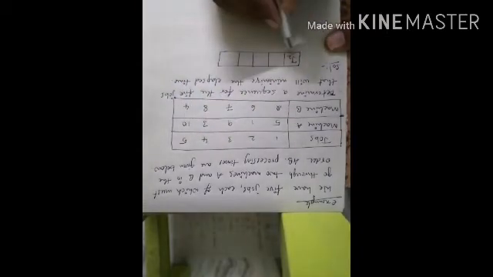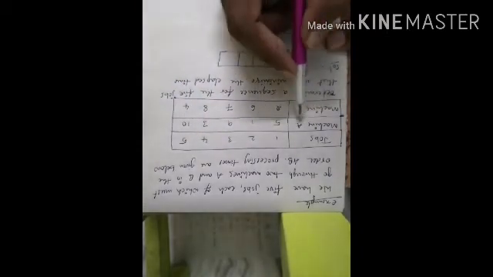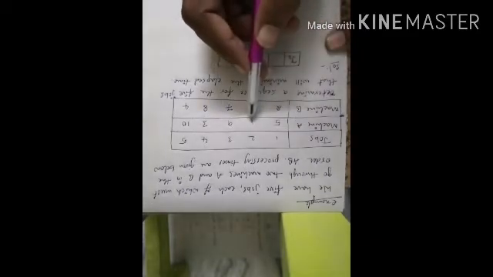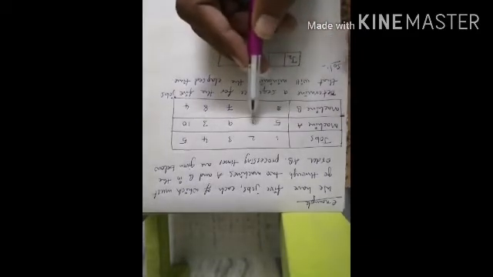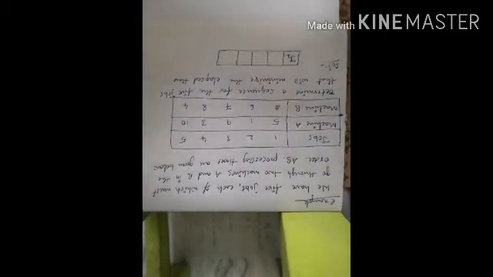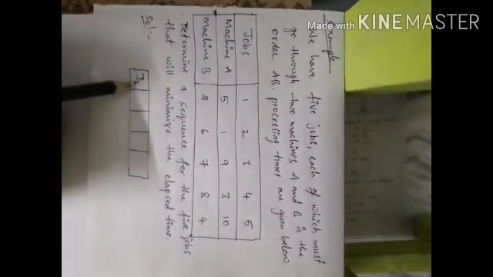So I am assigning job 2, J2, to the right side because machine A has the minimum processing time.